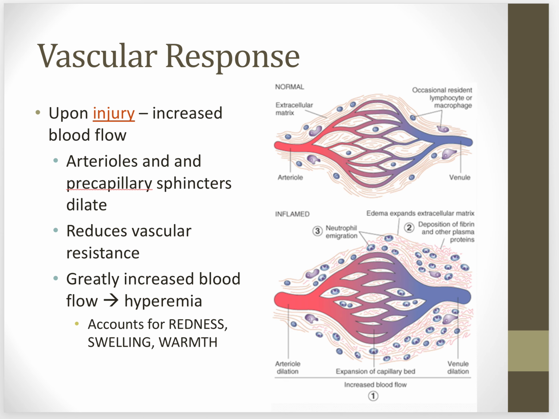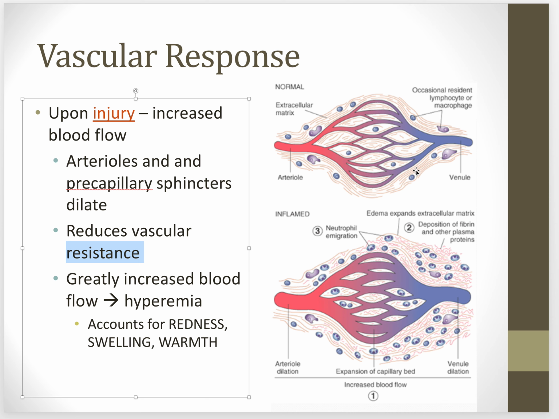So what you see in the vascular response, again, upon injury, increased blood flow, dilation of the precapillary sphincters, that's going to reduce the resistance. So just going through this word very quickly, when you resist something, you don't want it to happen. So vessels, when they're resistant, that means that they're contracted.